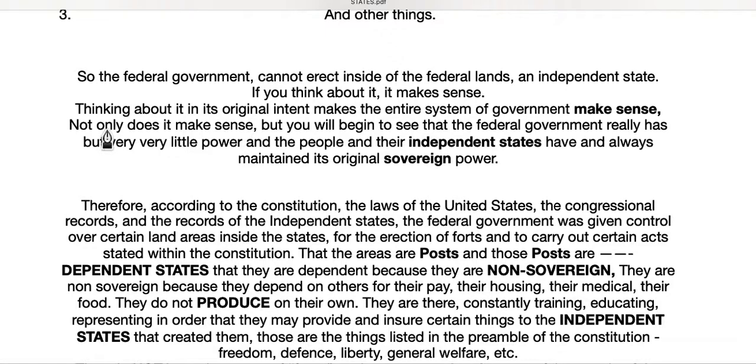So thinking about it in its original intent makes the entire system of government make sense. Not only does it make sense, but you'll begin to see that the federal government really has but very, very little power. And the private people and their independent states have, and always have had, and still maintain its original sovereign power.